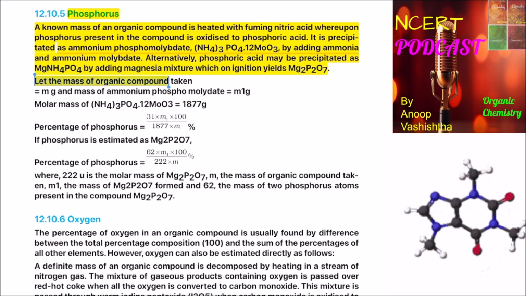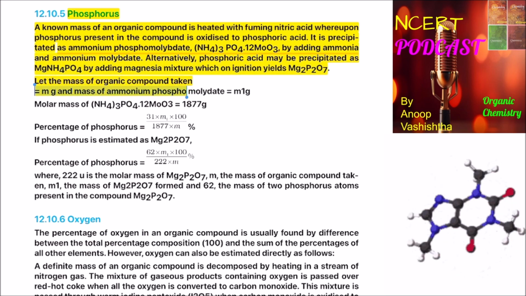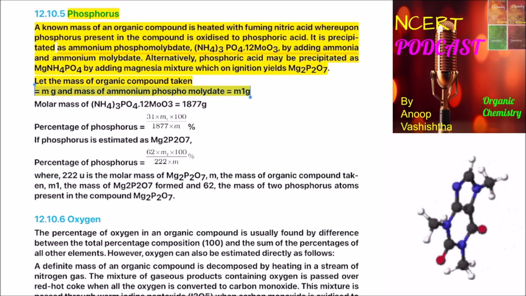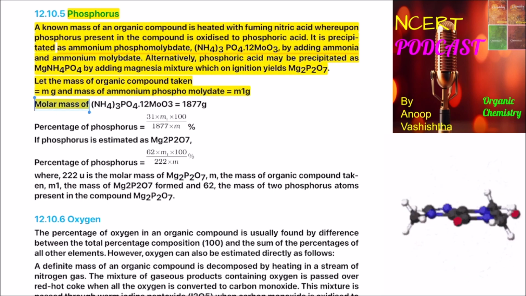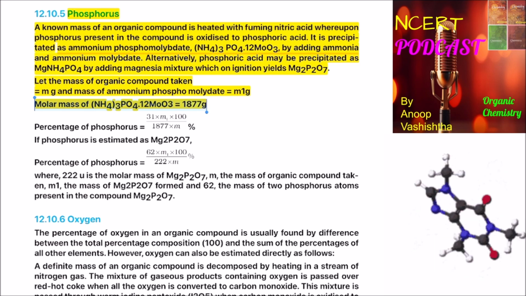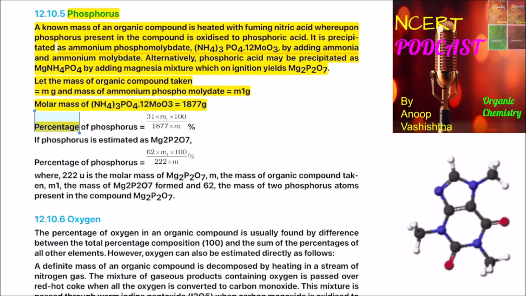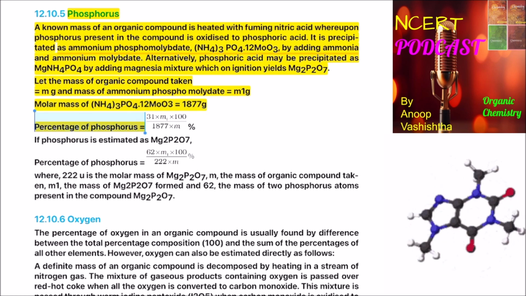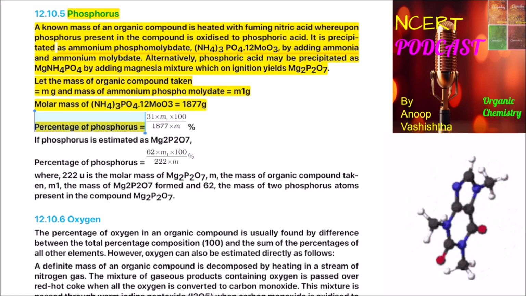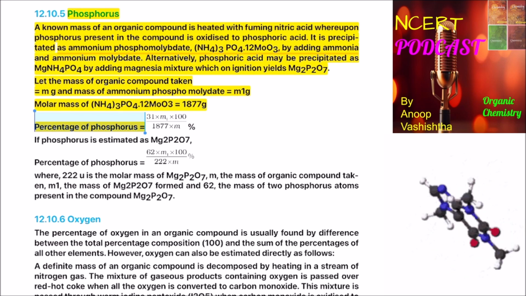Let the mass of organic compound taken be m gram and the mass of ammonium phosphomolybdate be m1 gram. Molar mass of ammonium phosphomolybdate, (NH4)3PO4.12MoO3, is equal to 1877 grams. Percentage of phosphorus is equal to 31 into m1 into 100 divided by 1877 into m percent.